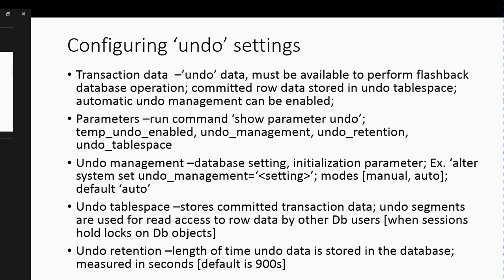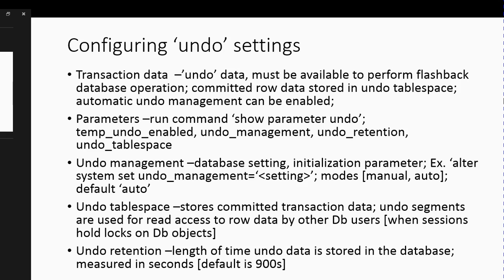Another way to avoid having to monitor your undo every time is to enable automatic undo management. That means the Oracle software is going to be responsible for managing the undo size and the storing of your undo data.